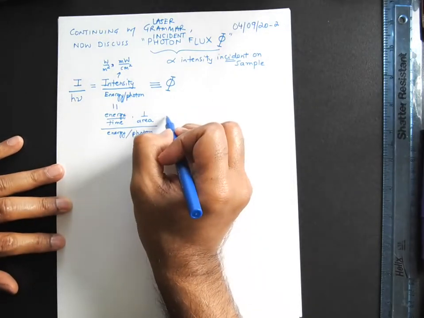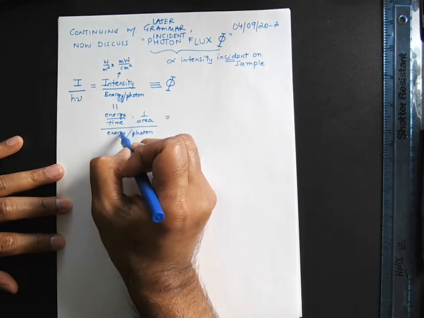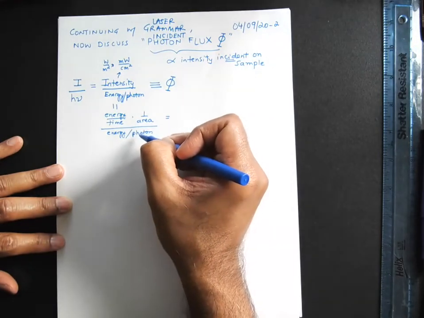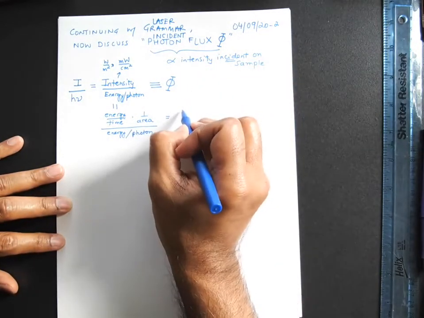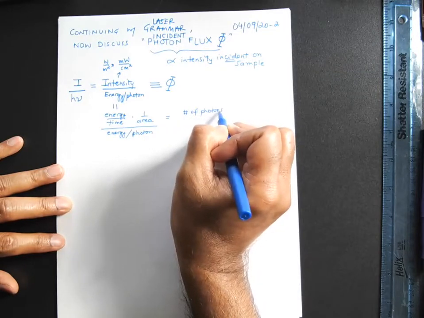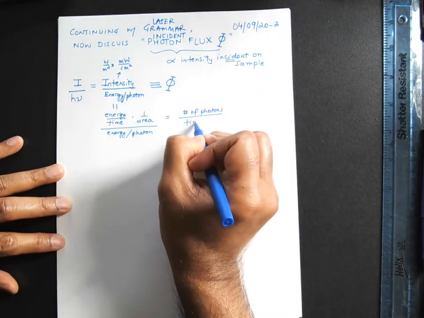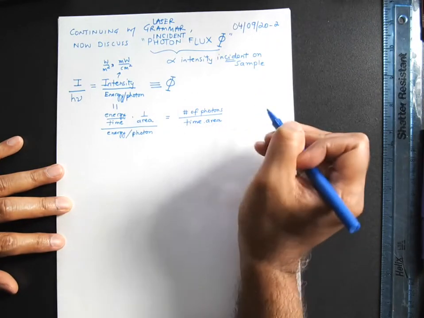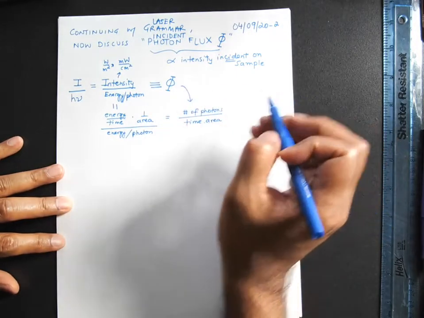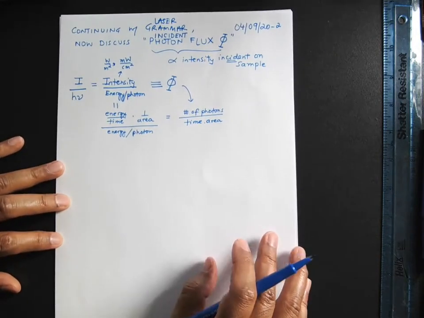So the energy and energy cancel, and we're left with the photon, which I need to bring up into the numerator, so it becomes the number of photons per unit time per unit area. Okay, so that's the number of photons per unit time per unit area. That's the flux, photon flux.